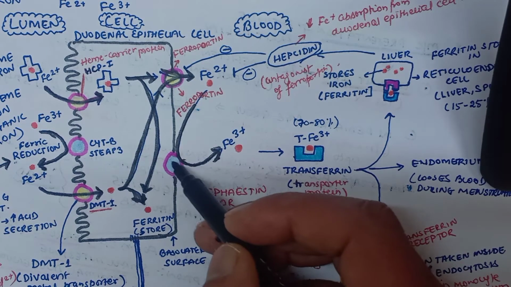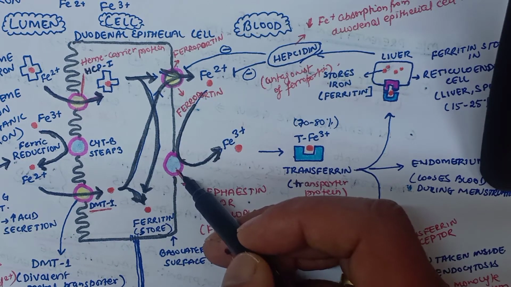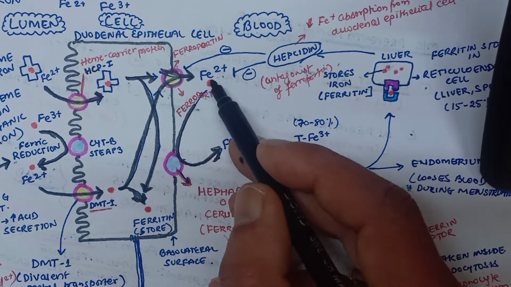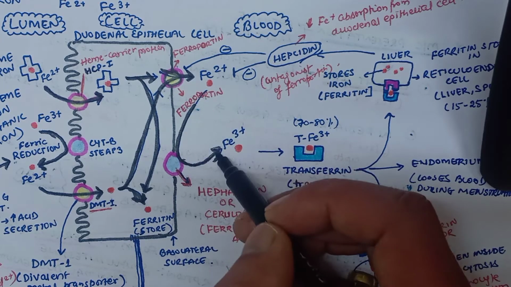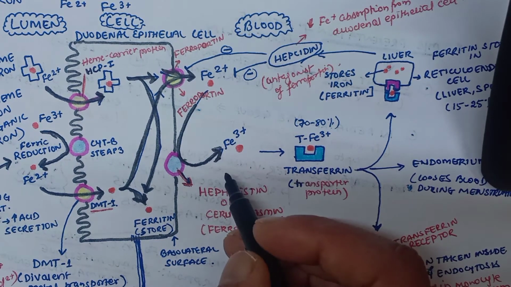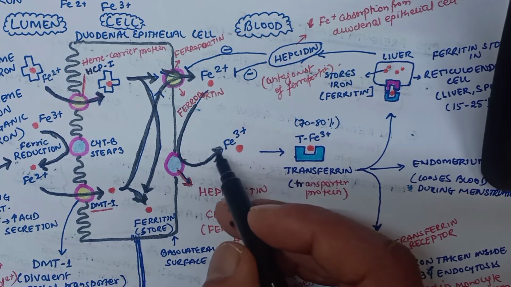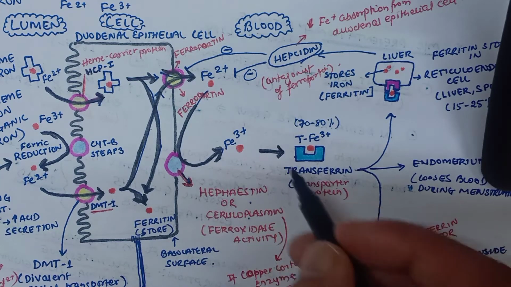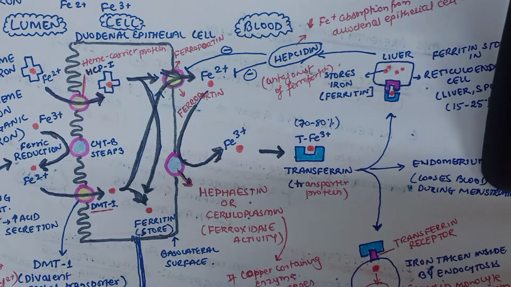Hephaestin is the primary protein that performs its function in a coupled manner with ferroportin, and it oxidizes ferrous iron into ferric form, whereas ceruloplasmin is involved in oxidizing ferrous iron into ferric form when the iron status is low. Now once oxidized, this ferric iron binds to transferrin and is transported to tissue cells that contain transferrin receptor.